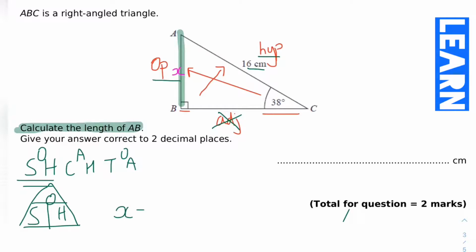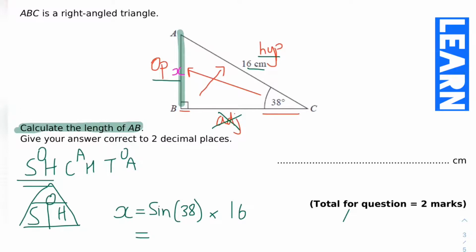We have been asked to work out our opposite side. So now using my triangle, I'm going to cover up the O with my finger, and that tells me that the formula is sine of my angle, which is 38 in this case, times by my hypotenuse length. So times by 16.